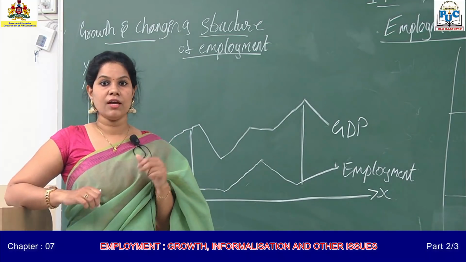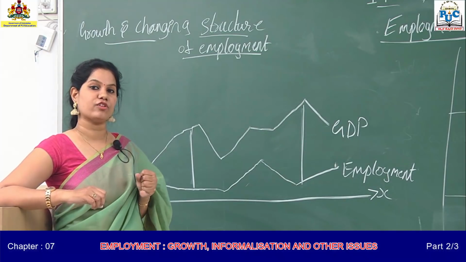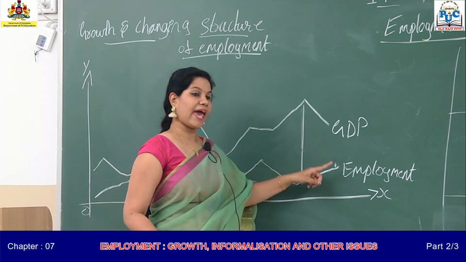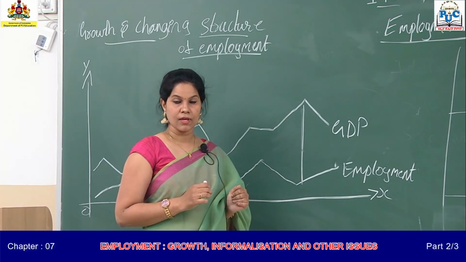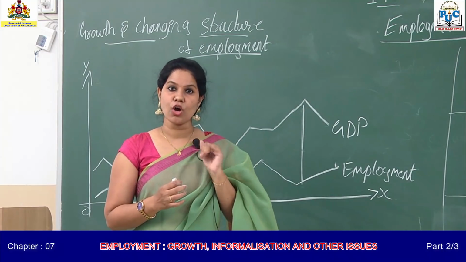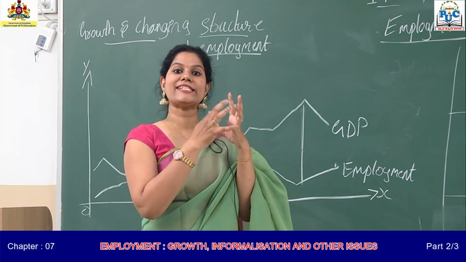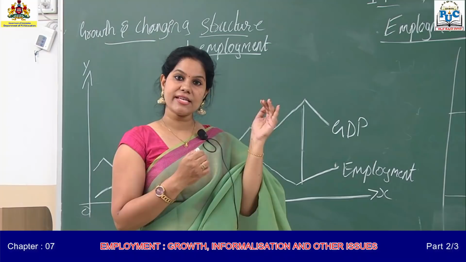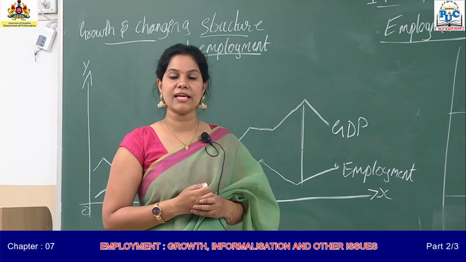So what we have to see is that GDP and employment should simultaneously both increase. Otherwise, both decrease. If both are decreasing, that is not good for the country, but at least both should move together. If GDP is increasing and at the same time employment is also increasing, that is the best.